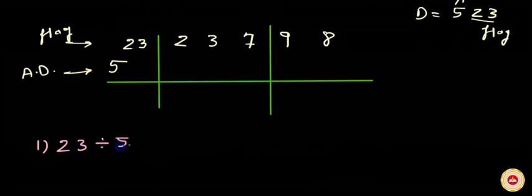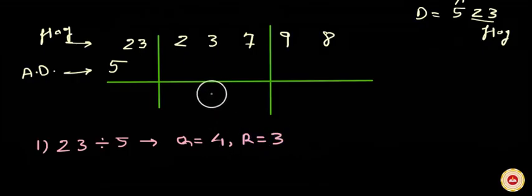by actual divisor 5. You will get 5 fours are 20, quotient is 4 and remainder is 23 minus 20, 3. So write quotient 4 below 23 and write remainder 3 as a prefix to next digit in the dividend, which is 7.